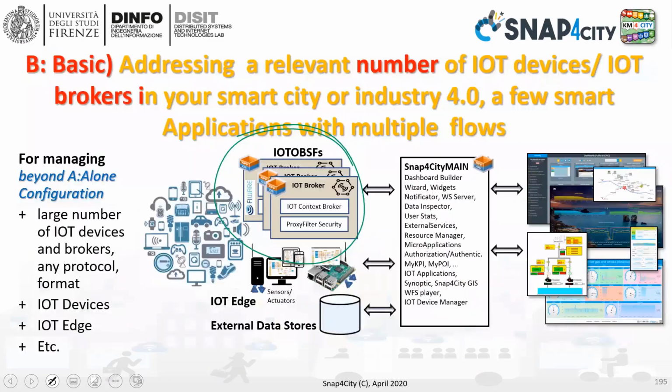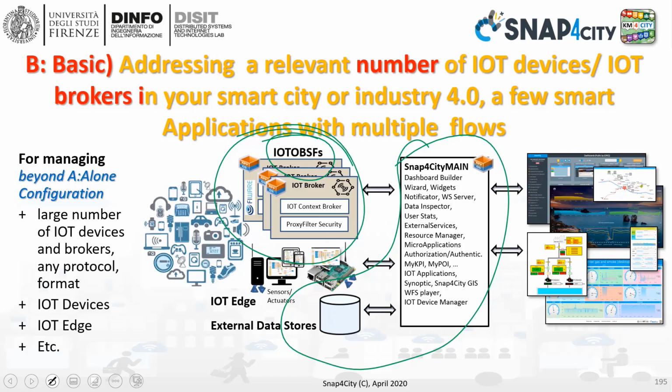So the basic configuration adds to the previous configuration, that is this one, the possibility to add the brokers. So you can add the brokers through the IoT directories. You can add internal brokers or external brokers. So you can add virtual machines with brokers.